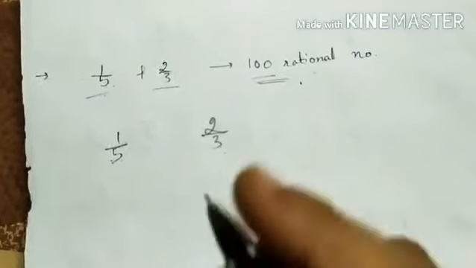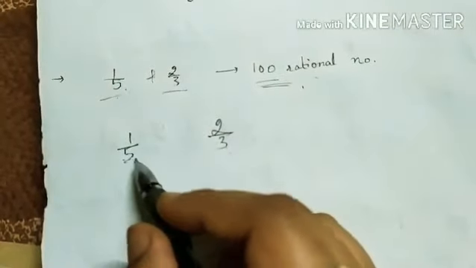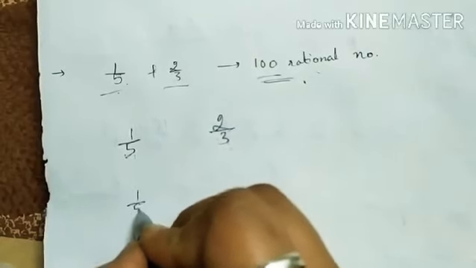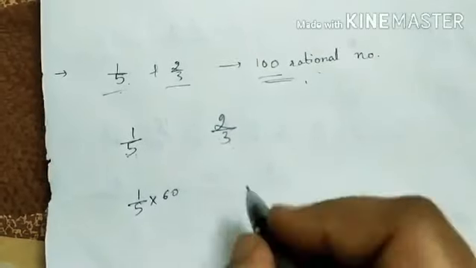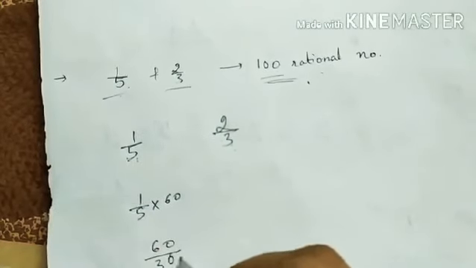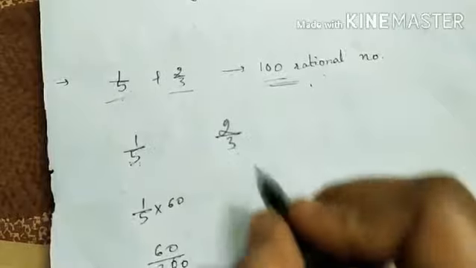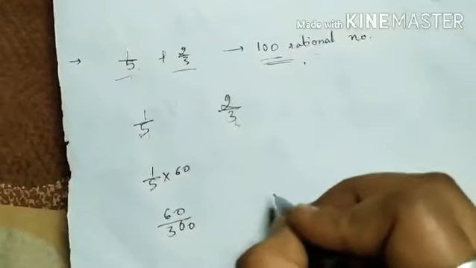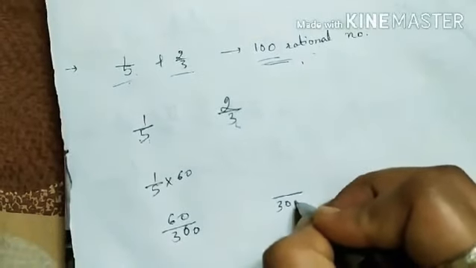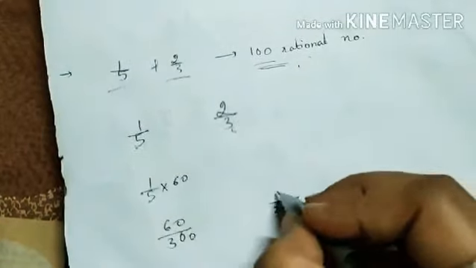So can you tell by what number we should multiply this? You can check. We can multiply it by 60. So it will become 60 upon 300, and since we also have to make the denominator the same here, what will it be? We have to multiply by 100, so it will become 300, and 100 will be multiplied, so it is 200.